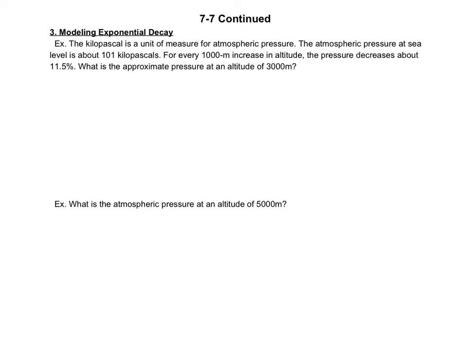Well, okay, so we have a function, the initial times the base raised to some power. So let's see here. What is the approximate pressure? So my pressure is going to be equal to the initial amount, which turned out to be 101 kilopascals, times the base.